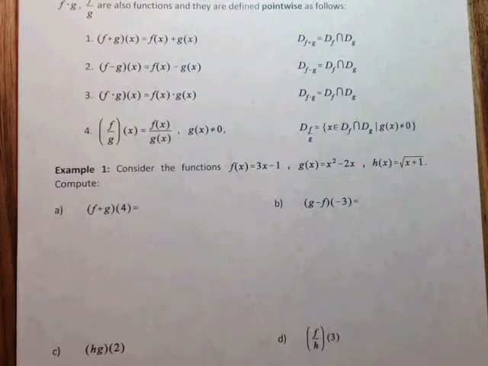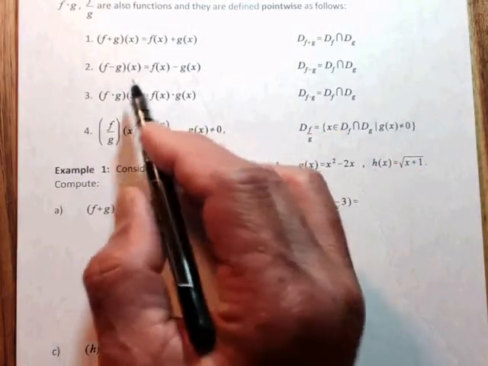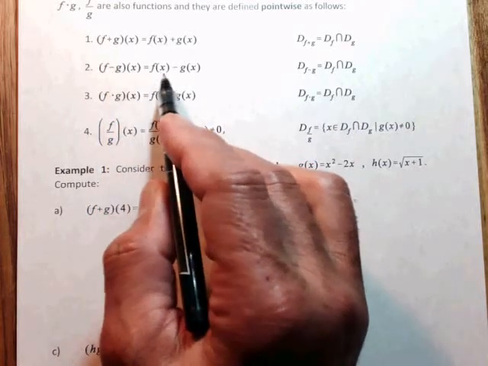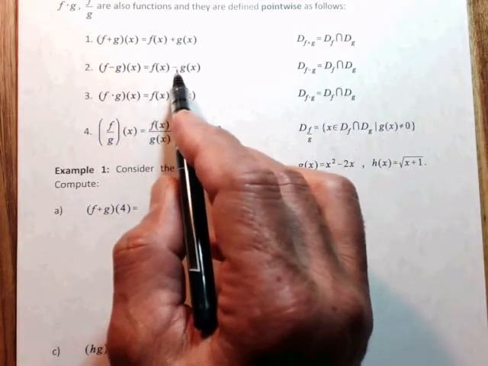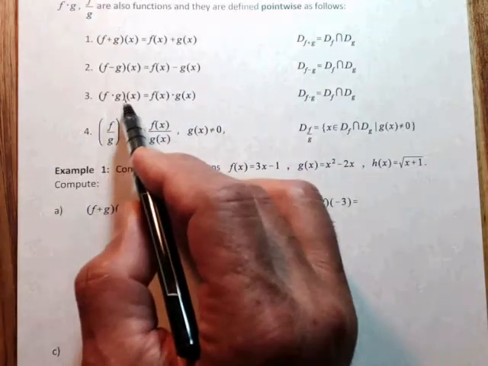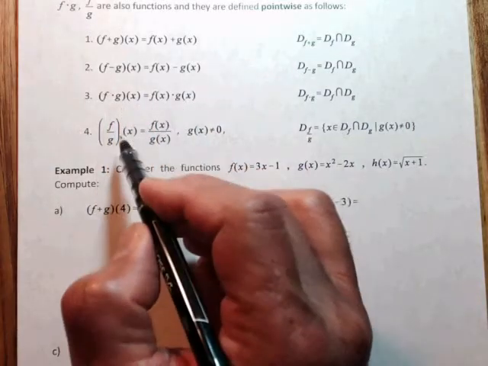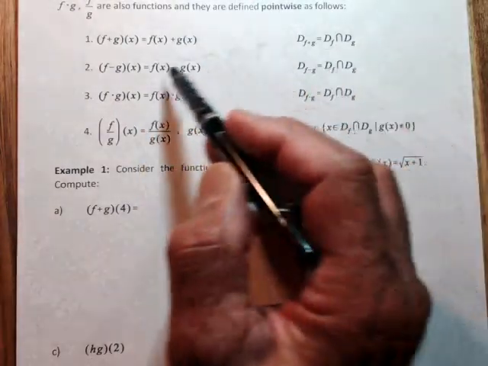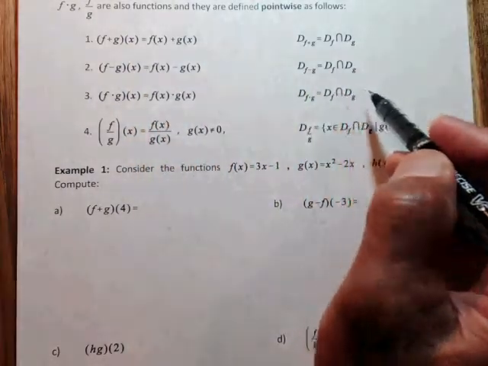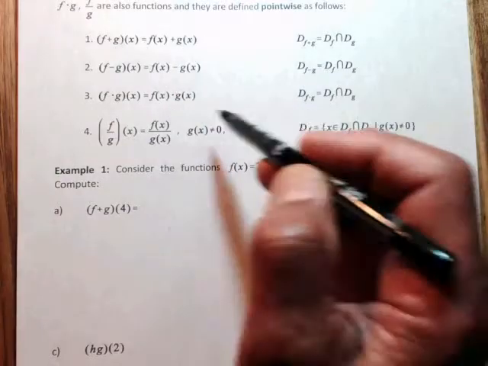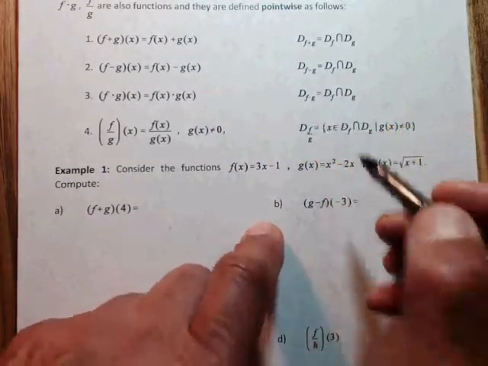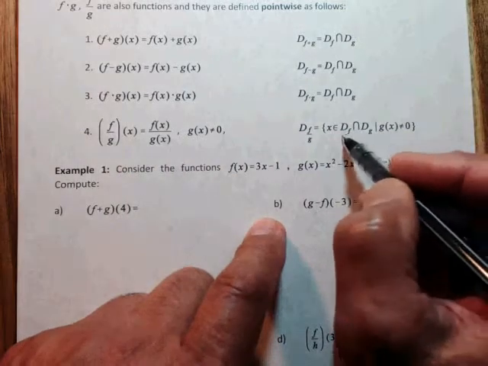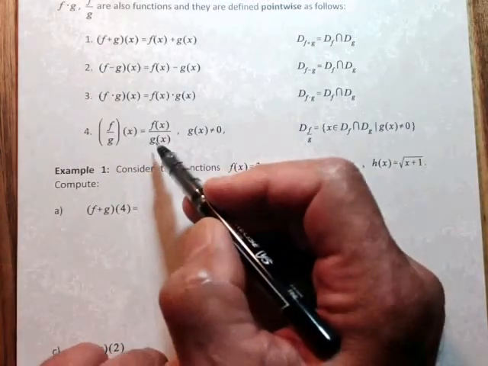The same thing goes for the difference between two functions. We subtract them pointwise, multiply them pointwise, or divide pointwise, and the domain of all of them would be the intersection of the domains of the participating functions, except that for the ratio, the division, we have to make sure that the denominator g is not 0.